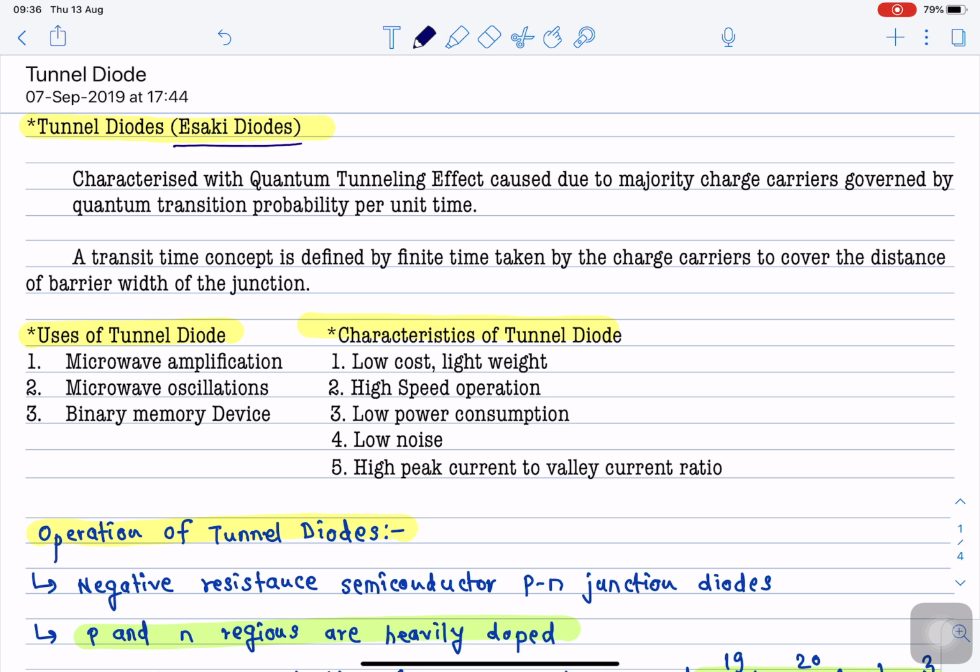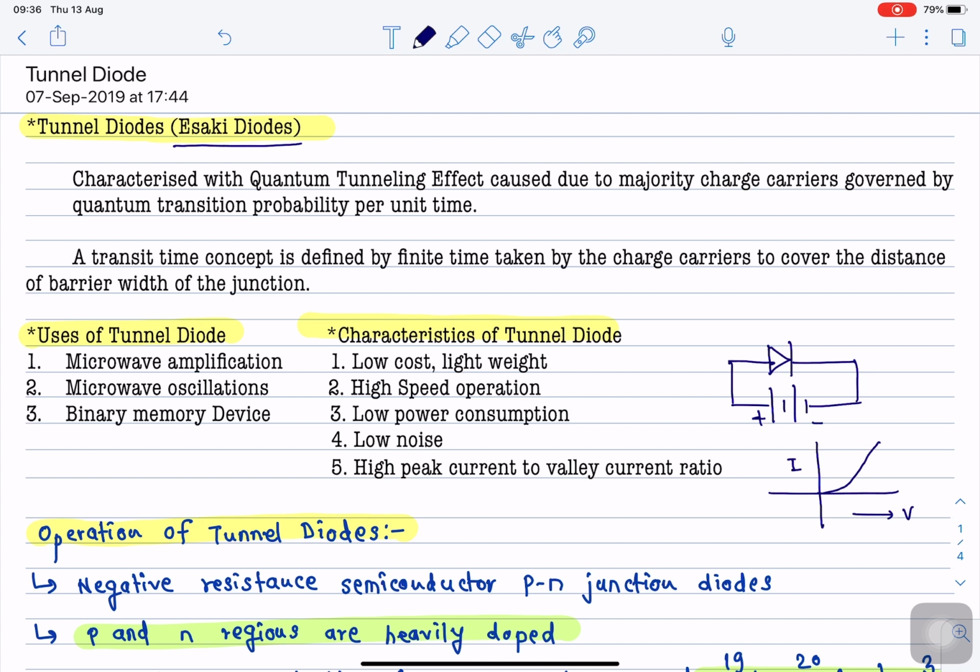So let us say I have one diode over here, a semiconductor PN junction diode, right? When I forward bias this particular diode by a DC voltage in this way, we will get a forward characteristic curve. With the applied voltage, we will get a current, in this way.